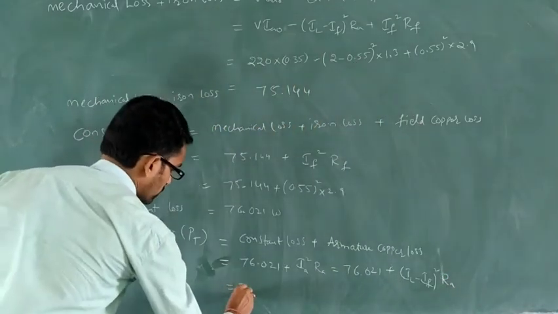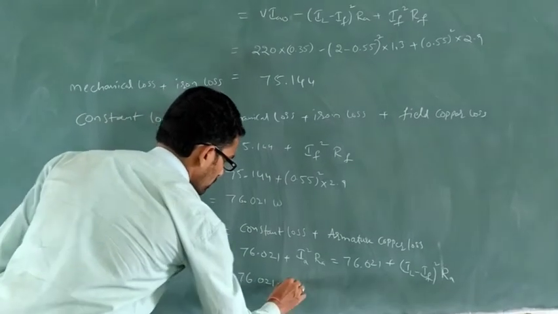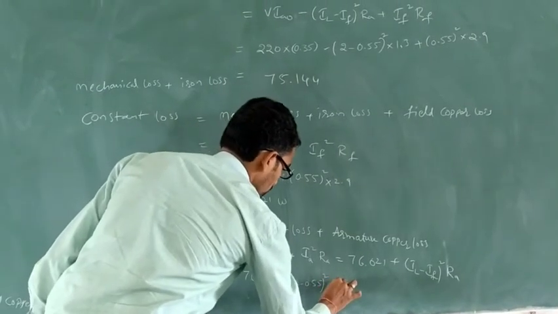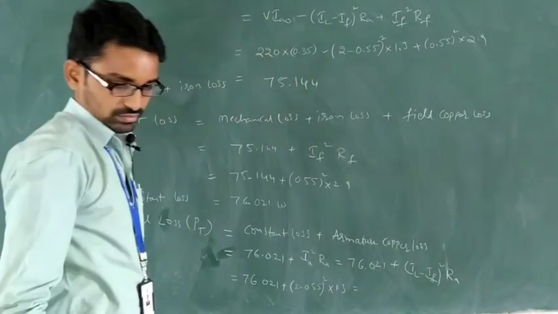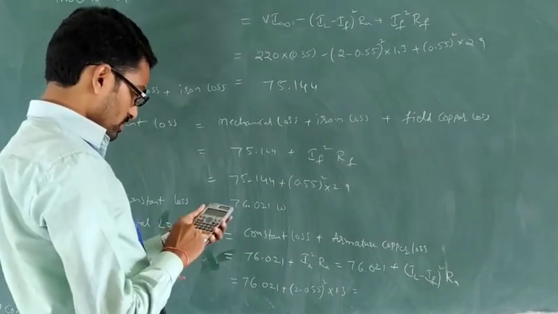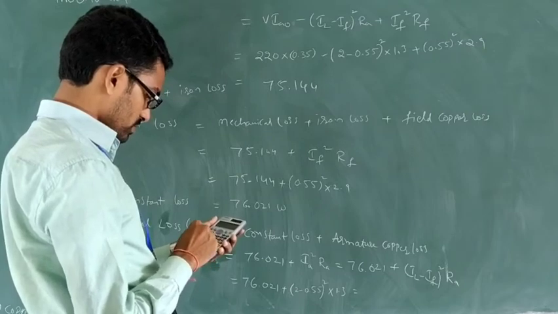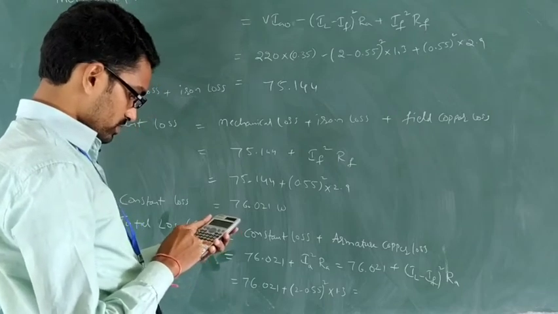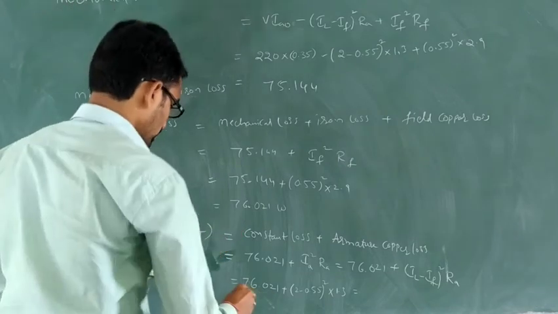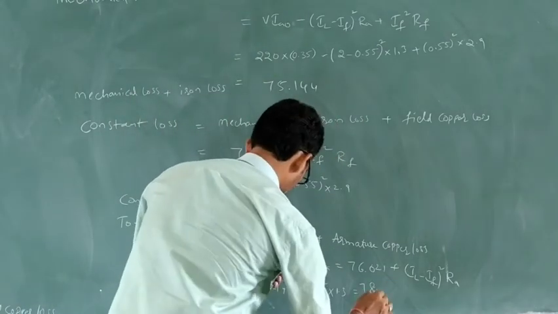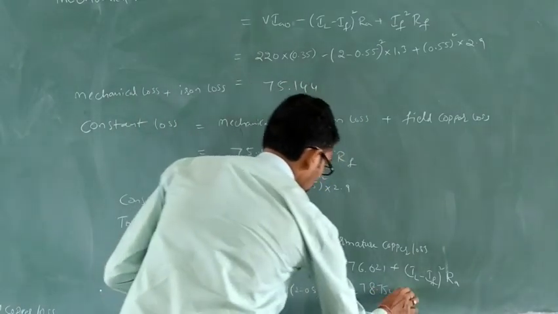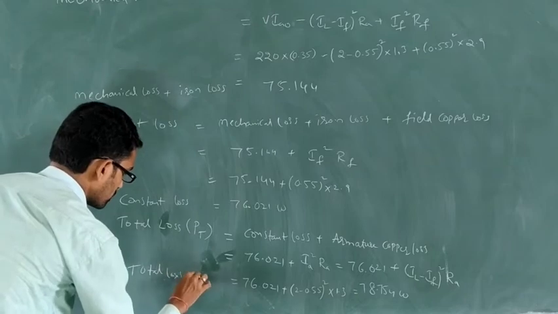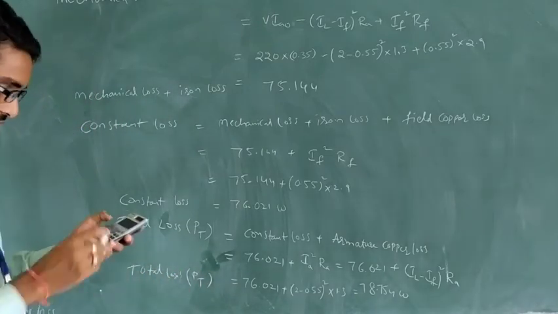If I substitute that value, 76.021 plus 2 minus 0.55 whole square into 1.3, it is 78.754 watts, that is the total loss, P total or W total, right?